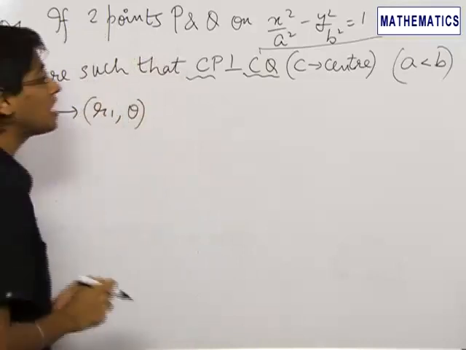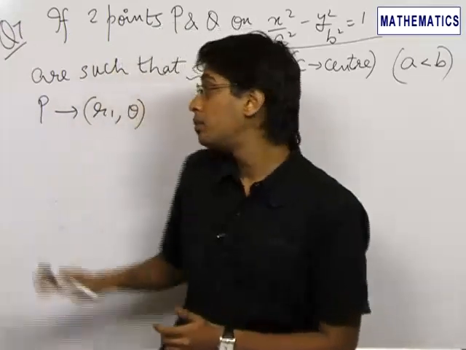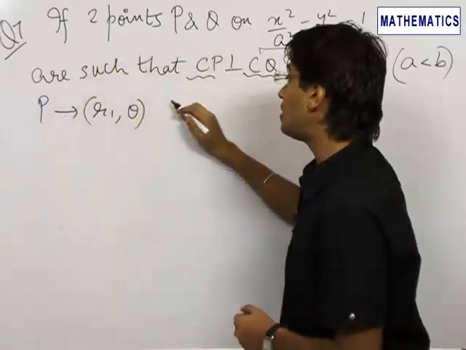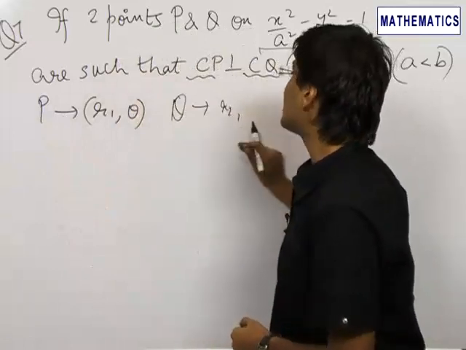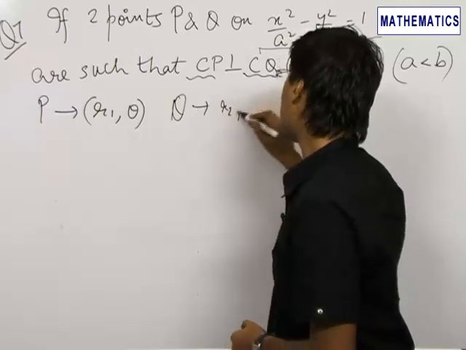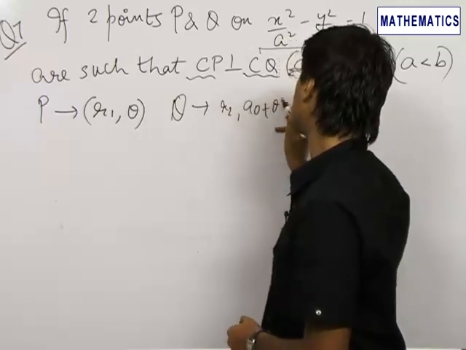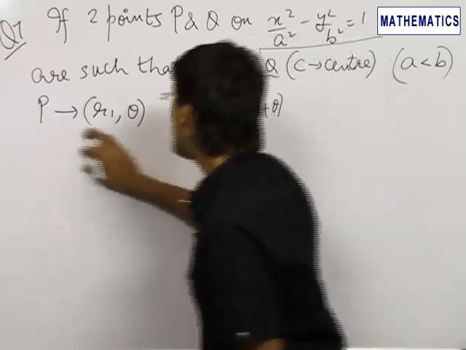We can use the parametric form of straight lines. P can be taken to be r1 comma theta and Q can be taken to be r2 comma, since CP is perpendicular to CQ, so Q will be r2 comma 90 plus theta. We can also take it equal to 90 minus theta. It will make no difference.